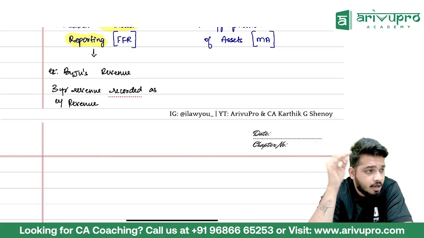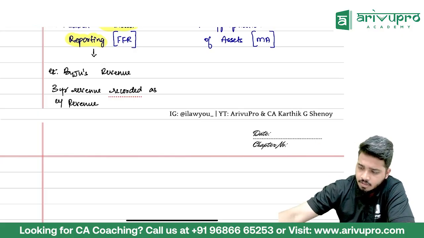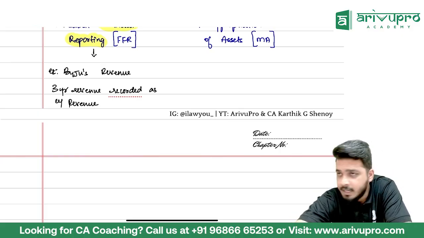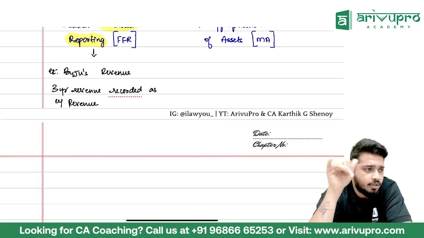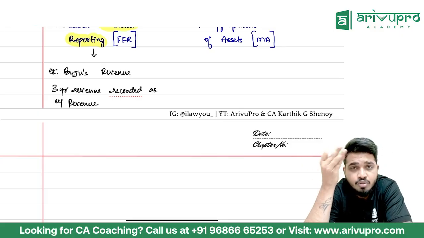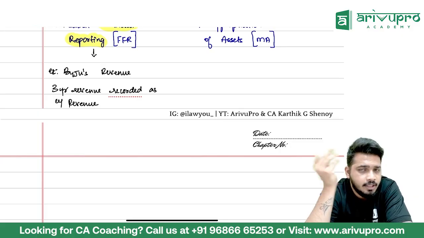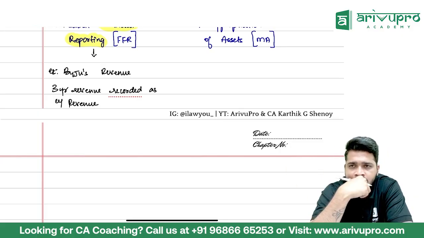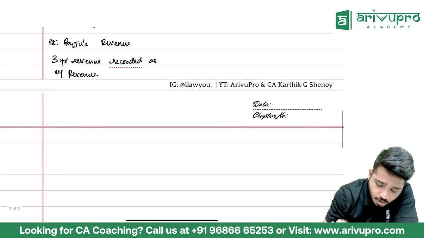Three-year revenue recorded as current year revenue, is this fraud? Sir, if you knew about the accounting policy, then yes, intentional act, therefore fraud. If you had not known about this, then no. But there is no scope of you not knowing now because auditors have pointed it out. So you're supposed to change. Which means you knew that there was a fraud. Now what are you supposed to do?